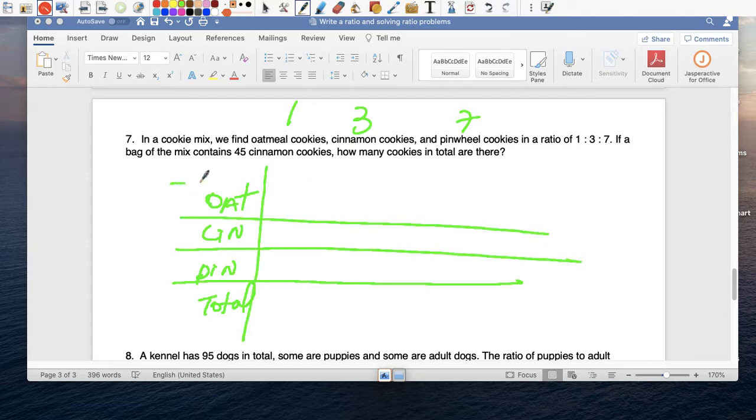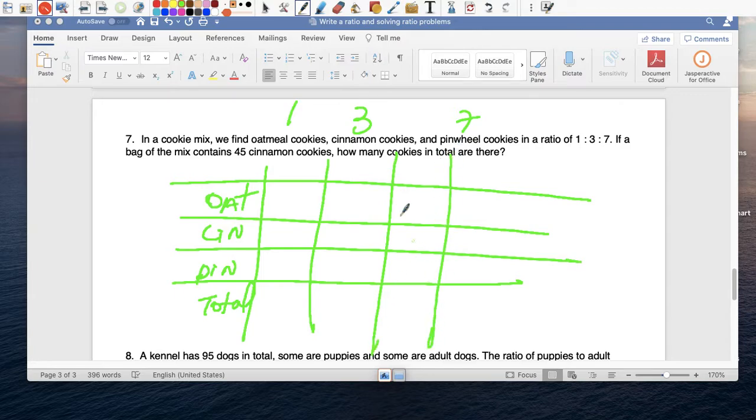All right. So what do we know? What did they give us? They said that cuando hay 1 oatmeal, hay 3 cinnamon, and 7 pinwheels. What's the total? 7 plus 3 plus 1 is 11. Okay, that's what they know. 1 oatmeal, 3 cinnamon, 7 pinwheel, and 11 is the total.